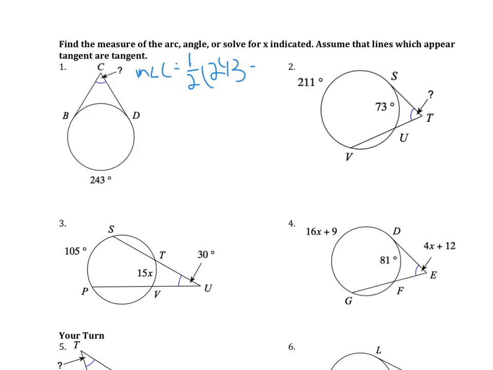Well, we do know that a complete circle is 360, so 360 minus our 243, which we already know, and that gives us a 117. So then our minor arc is 117.